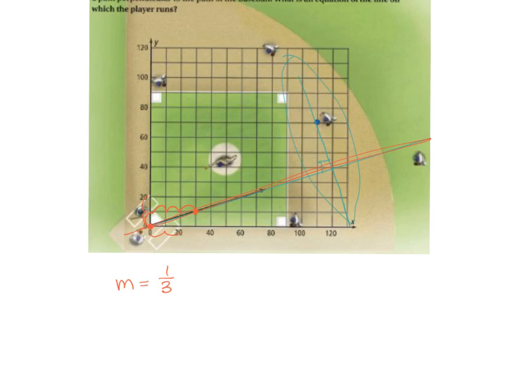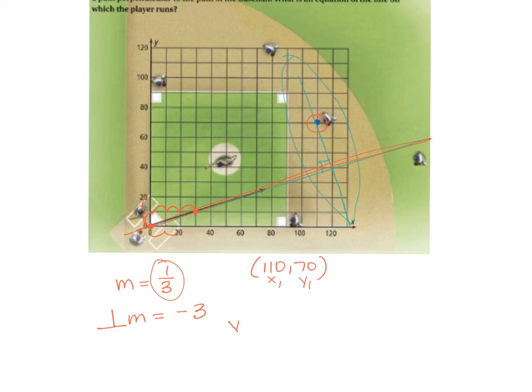We want the line perpendicular to that goes through the point 110, 70. So my perpendicular slope is going to be the opposite reciprocal of 1/3. Opposite is going to make it negative, reciprocal is going to make it 3. And then we have these 2 values, x1 and y1, that make our point.